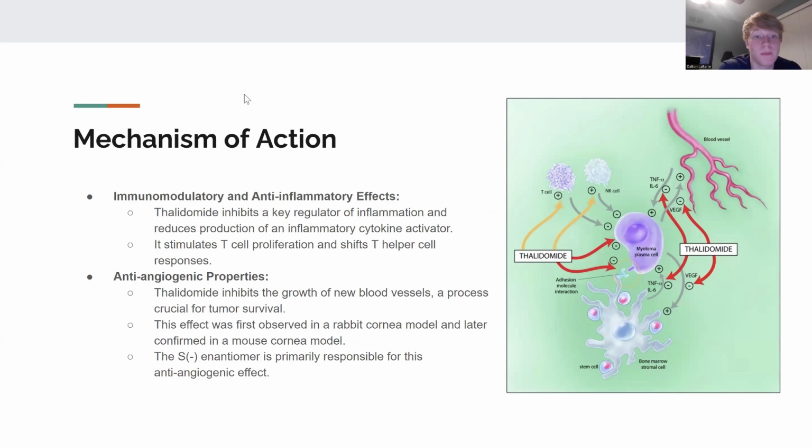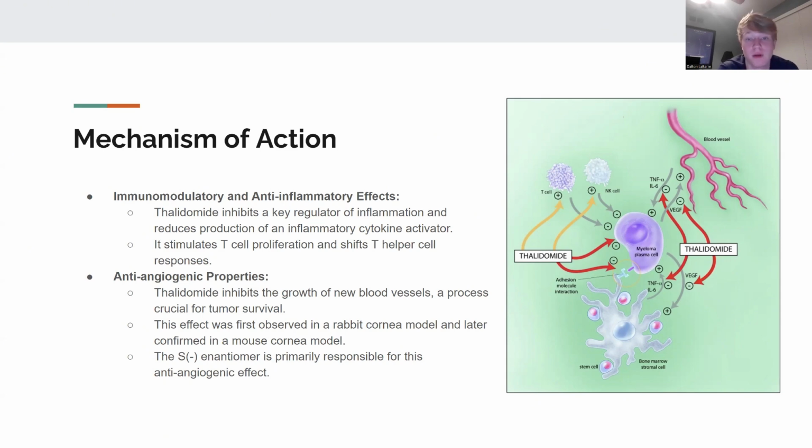Next is the mechanism of action, as shown on the right. So it has three effects. It's immunomodulatory and anti-inflammatory, with effects coming from the S enantiomer. So thalidomide inhibits a key regulator of inflammation and reduces production of an inflammatory cytokine activator.